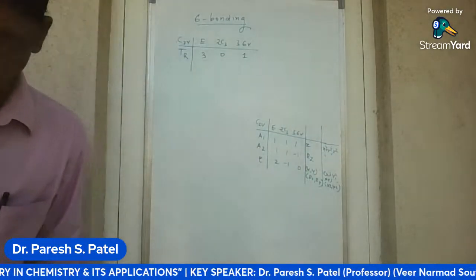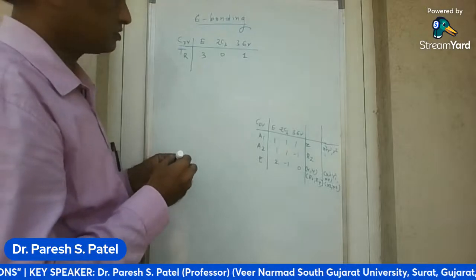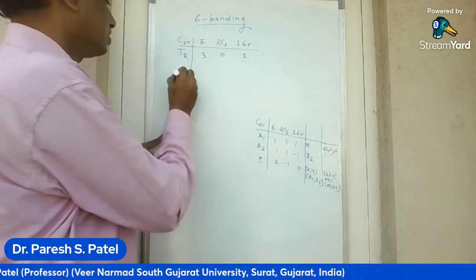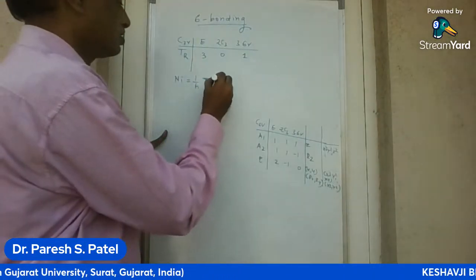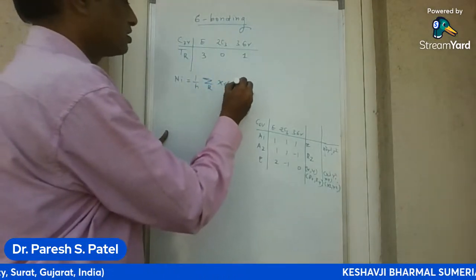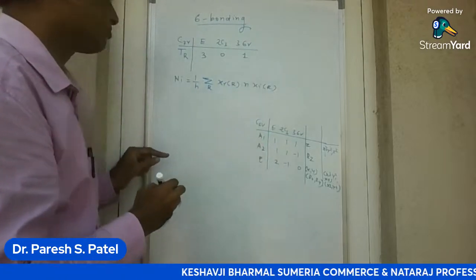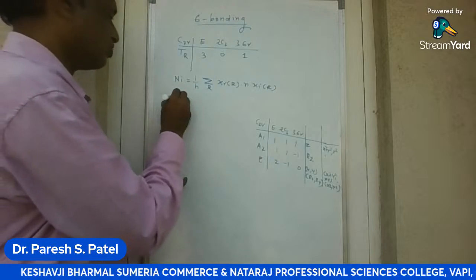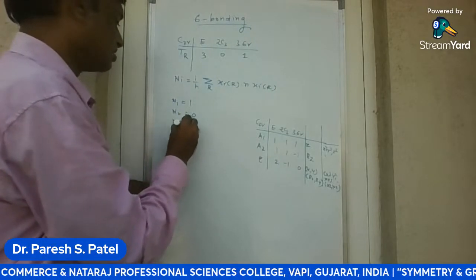With the help of the character table and the formula n_i = (1/h) Σ (character of reducible representation × character of irreducible representation × number of operations), the value for A1 is n1 = 1, for A2 is n2 = 0, and for E is n3 = 1.